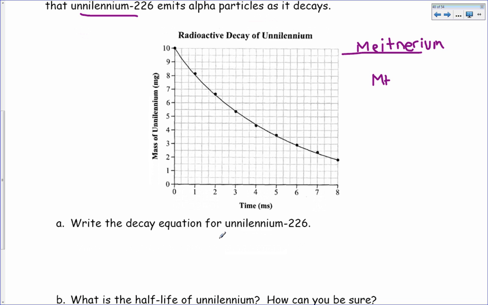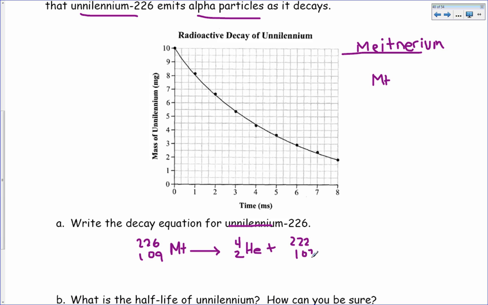So we want to write the decay equation for meitnerium-226. So 226, 109, meitnerium. And we were told up here it emits alpha particles as it decays, so it emits an alpha particle, 4,2He, which means what we have left is 226 minus 4, so 222, and 109 minus 2, which is 107.